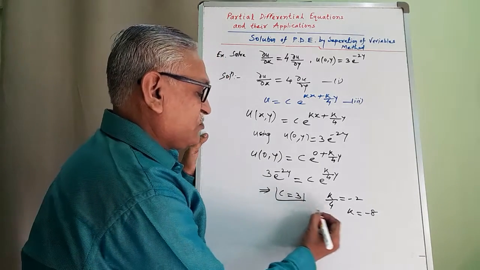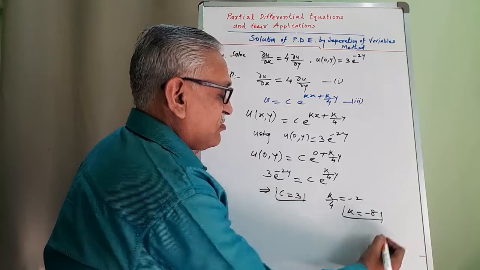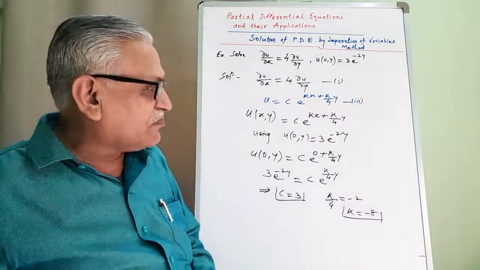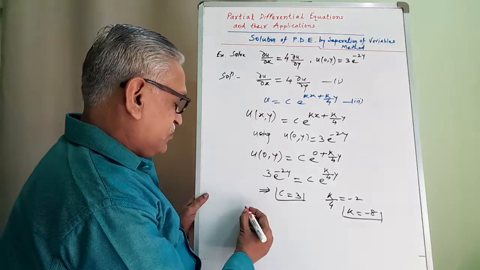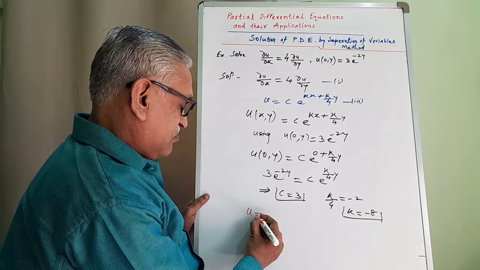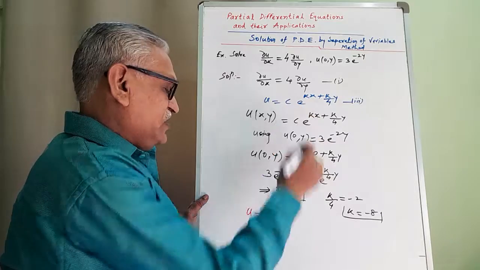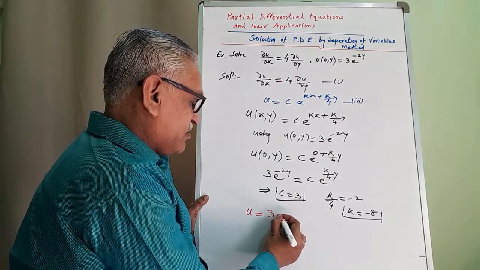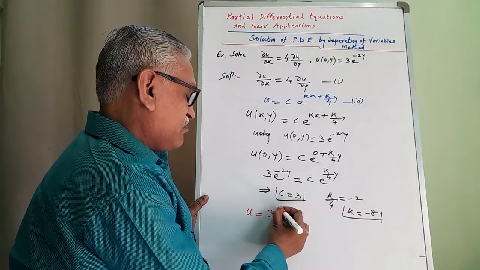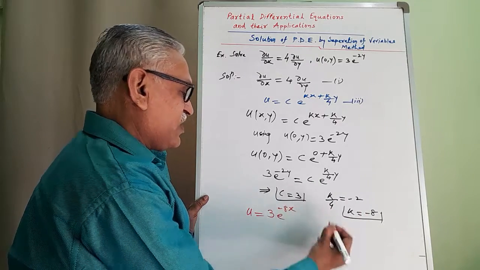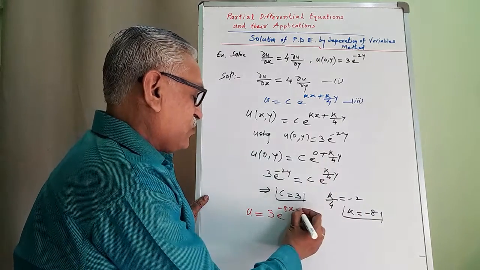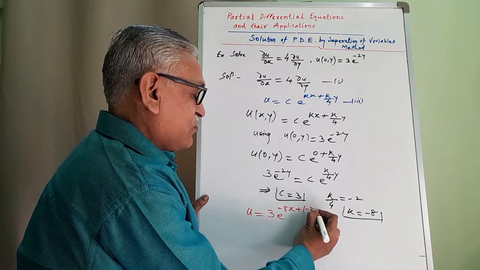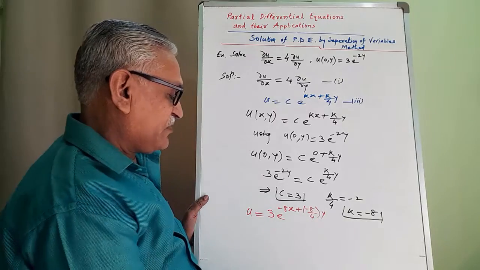Substituting these two values in equation 3, u = C e^(kx + (k/4)y). The value of C is 3, the value of k is -8, so e^(-8x + (-8/4)y), which is -2y.